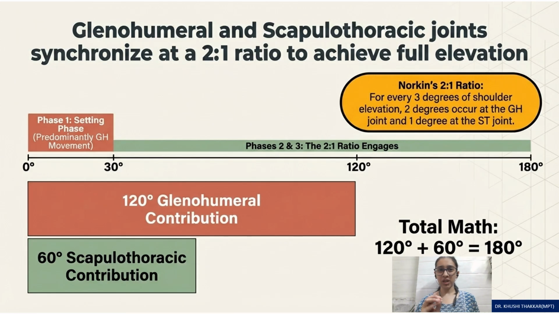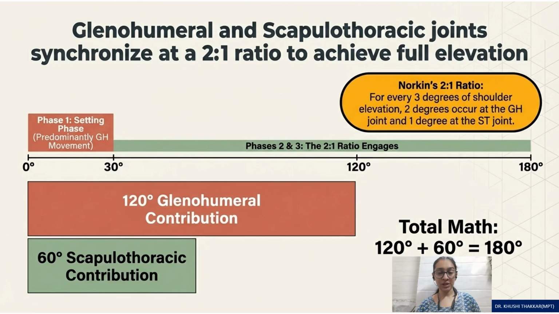There is a quick brief review of the glenohumeral and scapulothoracic joints. These synchronize at a 2:1 ratio to achieve full elevation. That is, for every 3 degrees of shoulder elevation, 2 degrees occur at the glenohumeral joint and 1 degree at the scapulothoracic joint. So there are various phases: setting phase, mid phase and the ending phase.